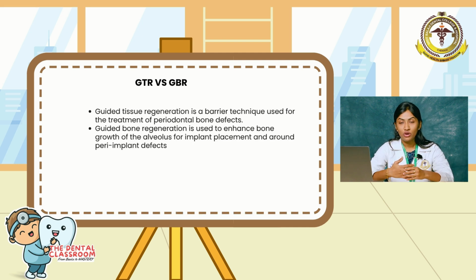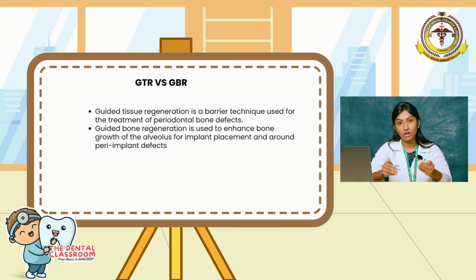Before going on to the materials used or how regenerative therapy happens, we have to understand the concept of GTR versus GBR. Both are periodontal regenerative procedures, but based on the situation the name differs. Guided tissue regeneration is solely used for periodontal bone defects.